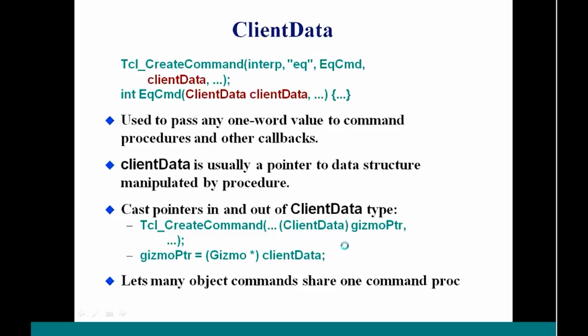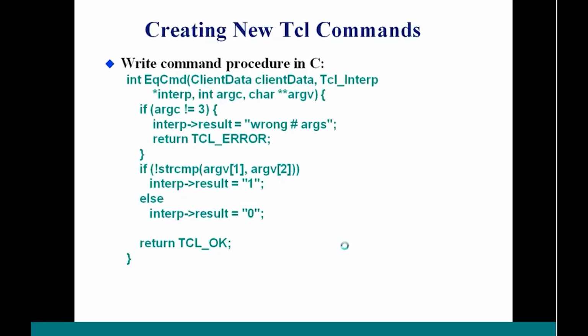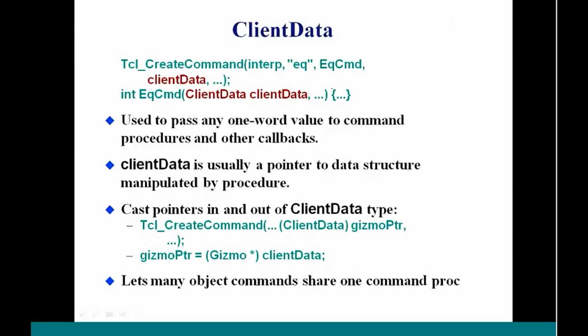Now, we talked about the client data. What is client data? In the Tcl command file here itself, we talked about the client data, uppercase ClientData, and then lowercase clientData. So here we talk about it again.